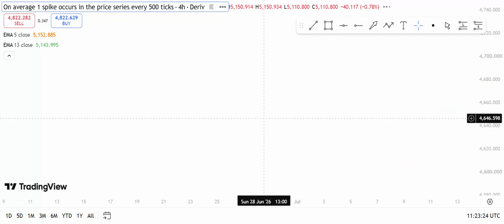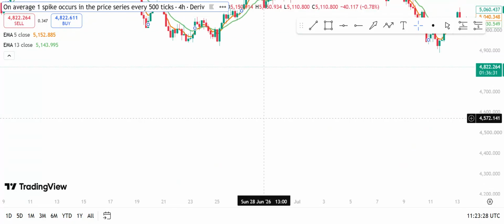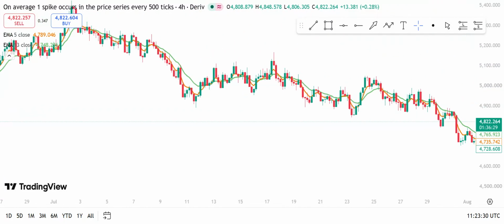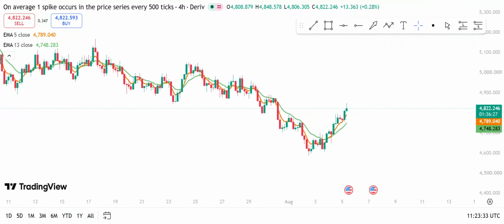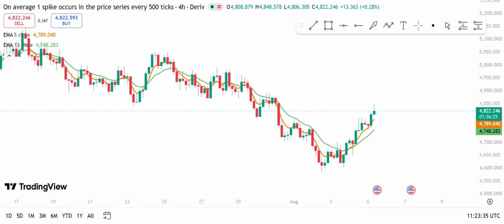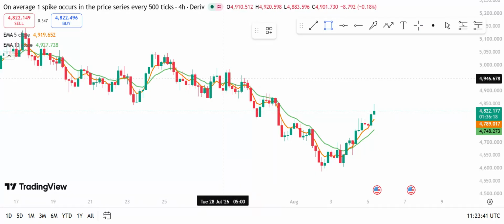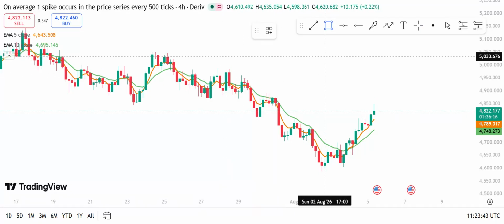I need to go and mark where there was a sell cross. Remember, we don't want to work against our higher time frame. I'll use this one here. I'll just use from there. Or rather, let me make my life easier. I'll do this.